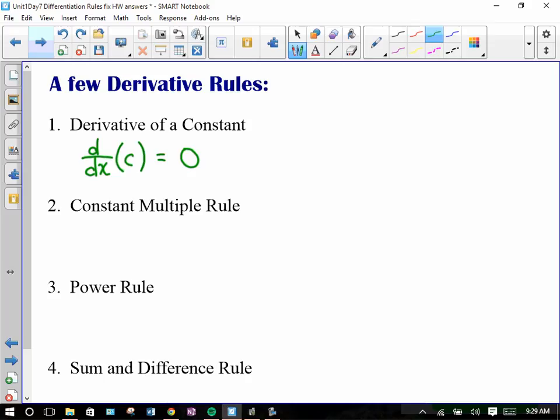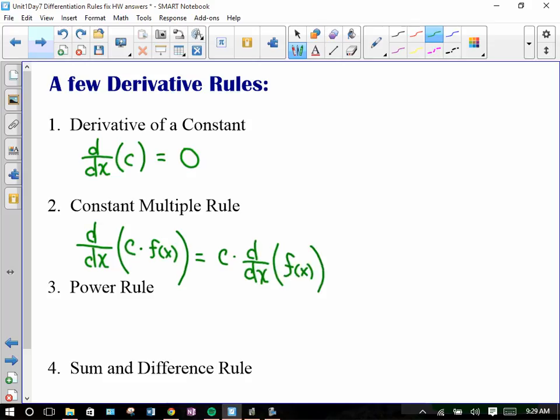Now, there's another one. The next thing is the constant multiple rule. What that says is the derivative with respect to x of c times some function, we'll say f of x, is equal to c times the derivative with respect to x of f of x.